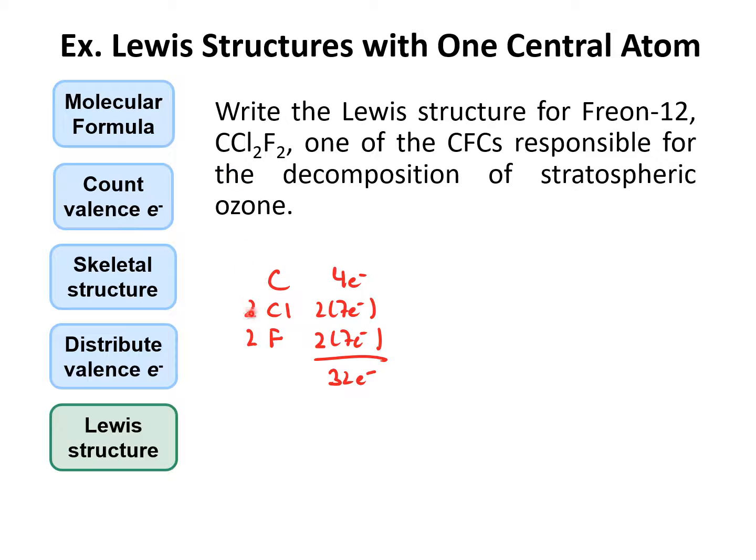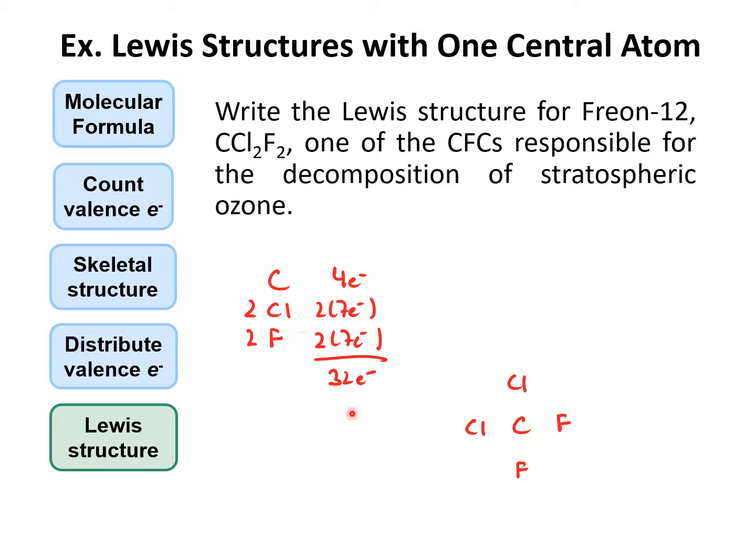Of all these atoms, we see that carbon is the least electronegative of the elements, and so carbon will be our central atom. Fluorine is the most electronegative of the elements, and so this will form the terminal atoms in the molecule. And then chlorine is also more electronegative than carbon, and these will also form terminal atoms in our molecule.